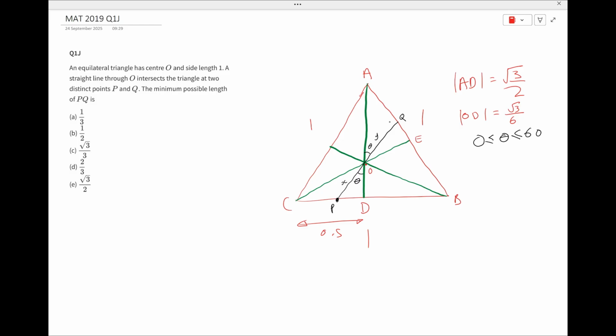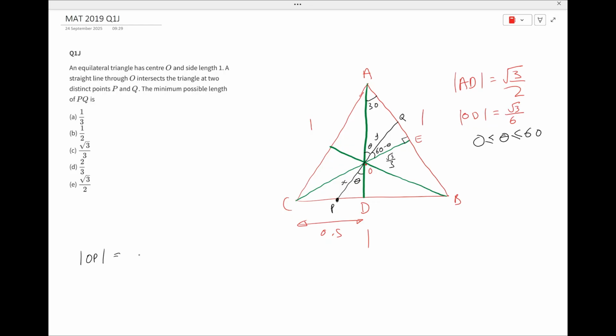This is a right angle, but that's not. But I also know this length: this is 2/3 of root 3/2, so it's just root 3/3. If I look at the fact that that's 30, that's 90, I can quickly realize that this is 60 minus theta here.